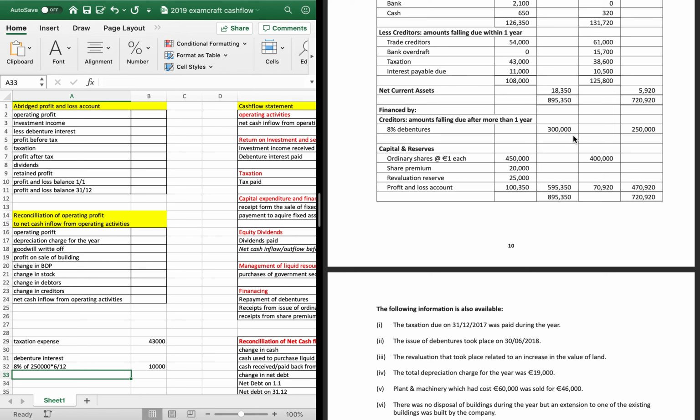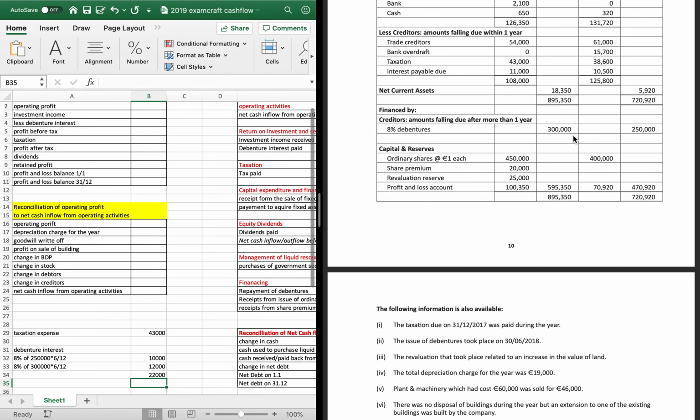And it'll be 8% of 300,000 then for the remaining 6 months of the year. So the total debenture interest expense for the year is 22,000, and that'll be the figure we work off for that.